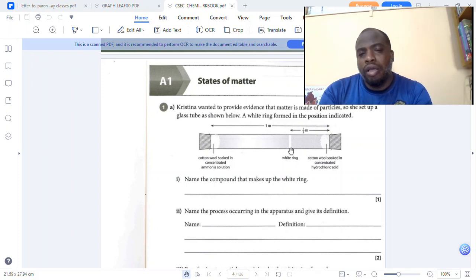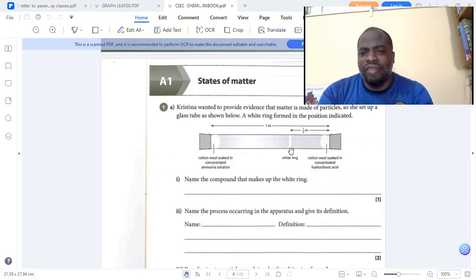So we know particles are basically moving, right? They're in constant motion. And so with that being said, they're going to be traveling in the opposite direction, because at the opposite end you would have low concentration of both.